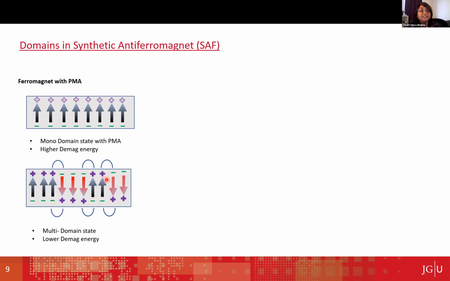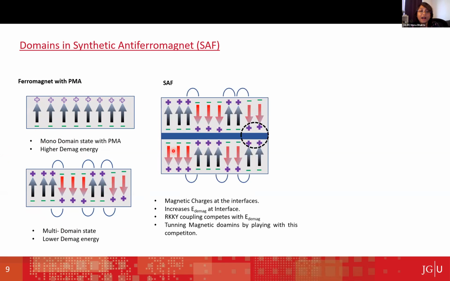But if we extend this model to a synthetic antiferromagnet, that means if we have an interface and we add another layer of ferromagnet with opposite direction, we see that at the interface, charges accumulate. And this actually acts against the RKKY coupling. And here we get a parameter to tune our domains by tuning the interactions of the RKKY and the demagnetization energy.